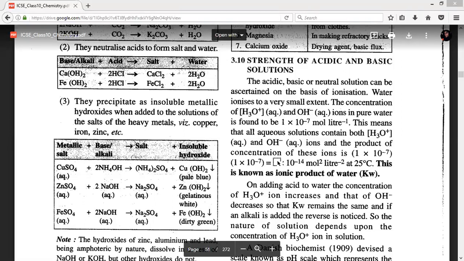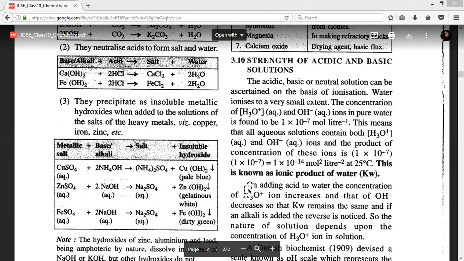It means the total value of the ion concentration product is 1 into 10 raised to power minus 14 mole square per liter square at room temperature, which is 25 °C. This comes under the term ionic product of water, denoted by Kw. K is the constant and W is the water here.